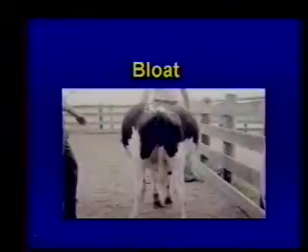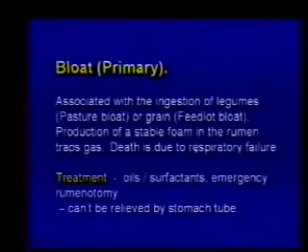And sometimes the bloat can be so severe that even part of the rumen may come out on the right side. Bloat or primary bloat is associated with the ingestion of legumes or grain. Pasture bloat versus feedlot bloat. It is the production of a stable foam in the rumen that traps the gas.